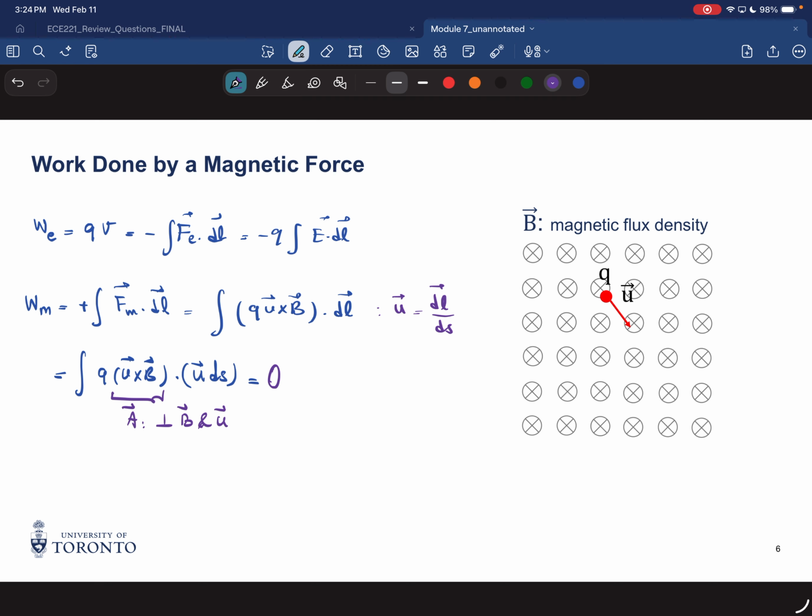It's like the work gravity does when I move this horizontally. Imagine this as my charge, and DL is perpendicular to the force. Even though it looks like you're spending energy, you're not.